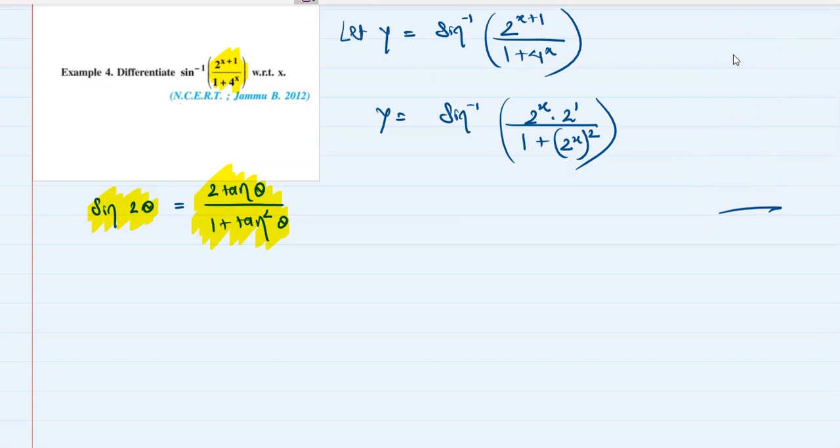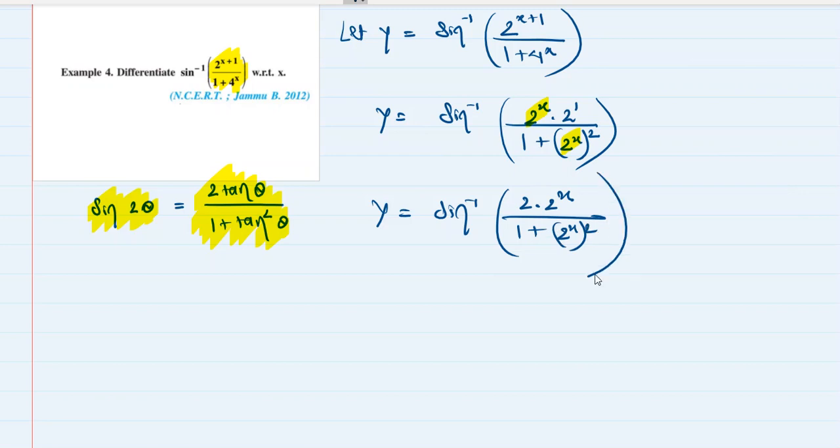And why are we changing this format? I will tell you why. Do you see that there is a 2 raised to x over here, and that the 2 raised to x is over here itself? So can we write it like this: y is equal to sine inverse of 2 into 2 raised to x upon 1 plus 2 raised to x the whole square.